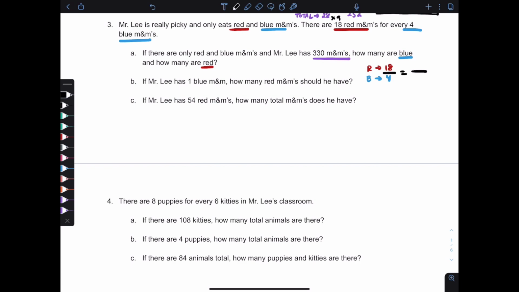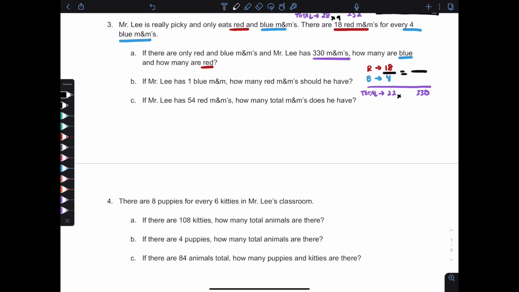We don't know what's going to be over there, but they do tell us a total. So I'll go ahead and draw a line here. Just like we've done in the past couple problems, the total 18 plus 4 is 22. So we have to find out how 22 becomes 330.